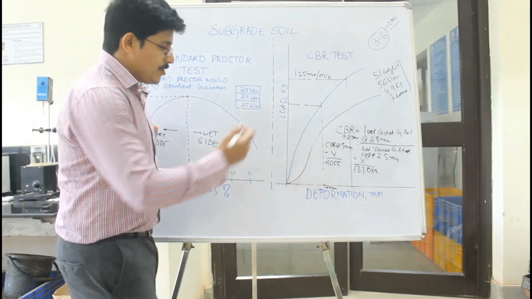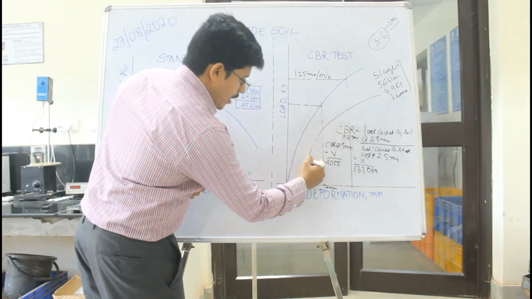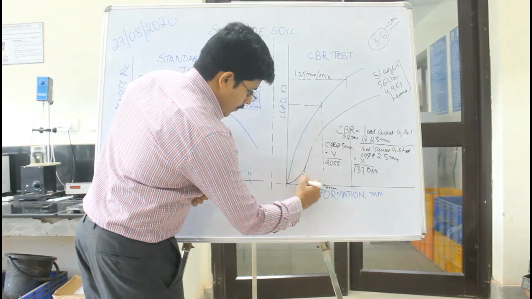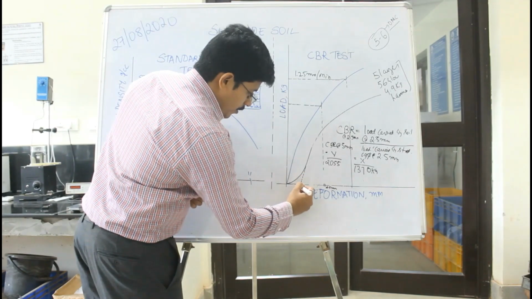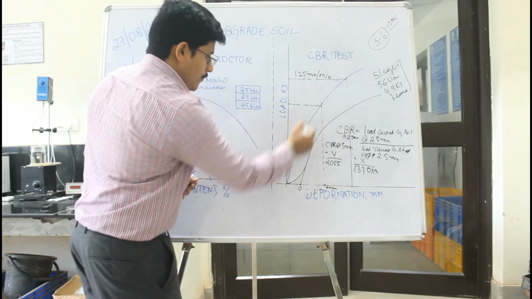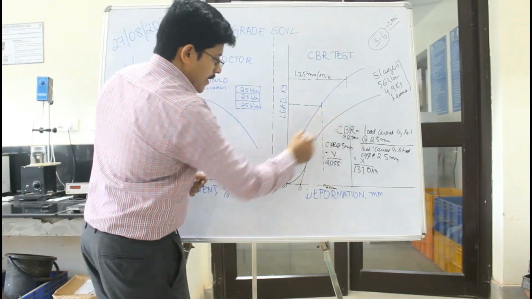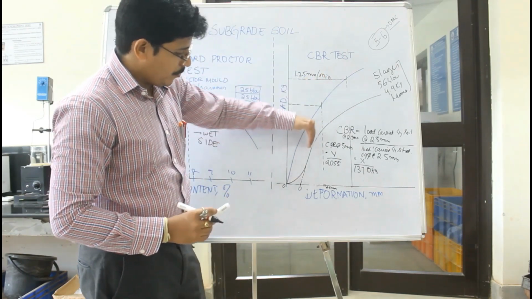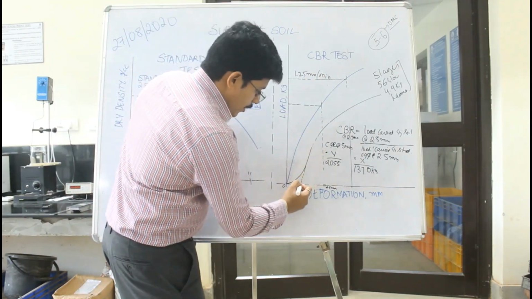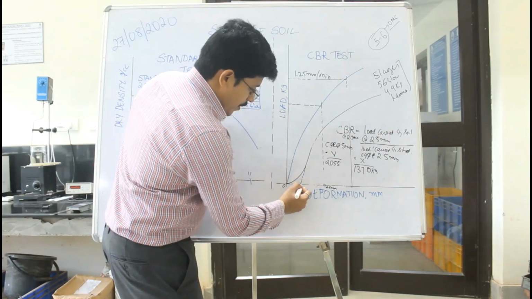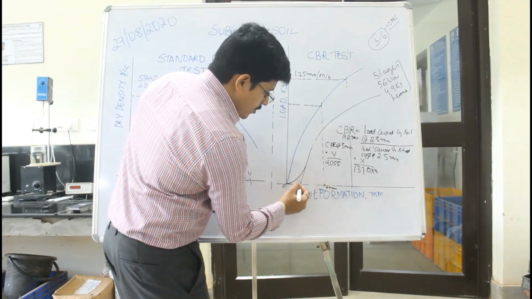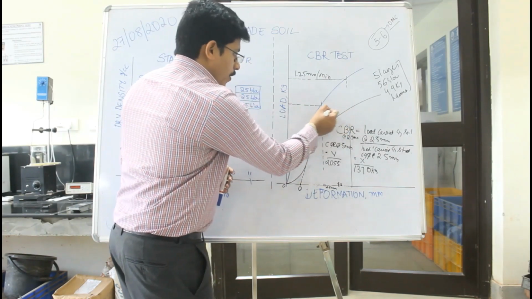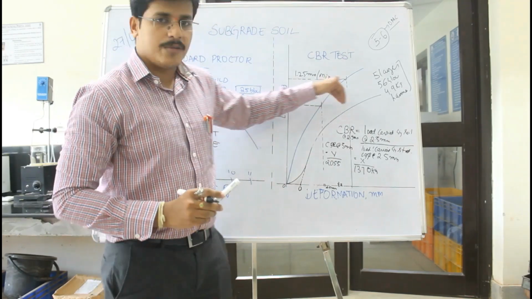Then you shift the curve backwards by drawing a tangent, and connecting it to the x-axis, and this will be your new origin, your 0. From this we measure 2.5 mm, find the load carried at that point, and then find the CBR values.